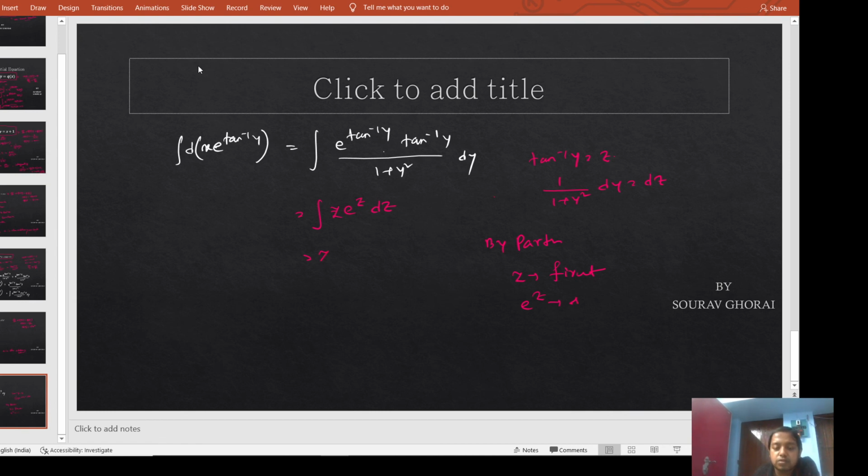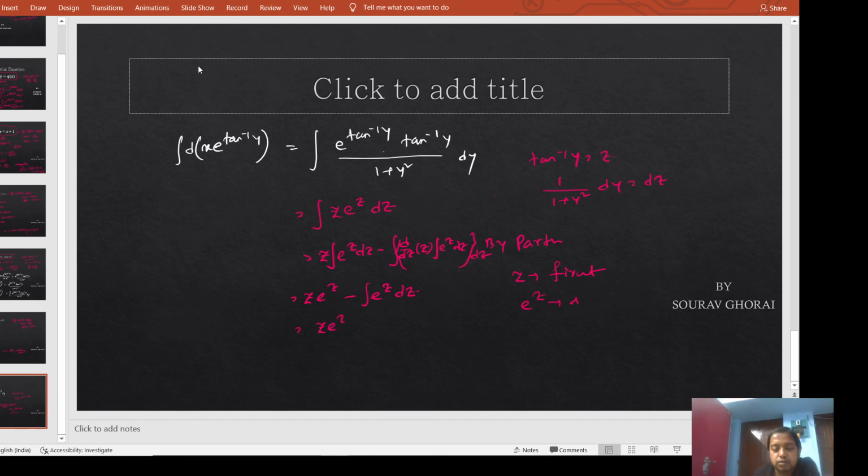So we get z ∫e^z dz − ∫(d/dz of z ∫e^z dz) dz, which gives z e^z − ∫e^z dz.